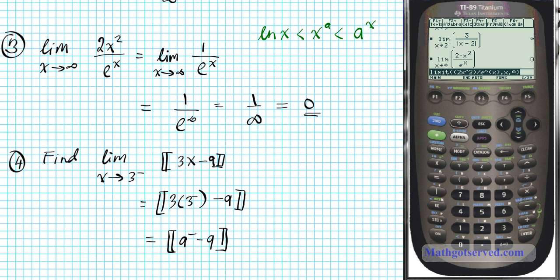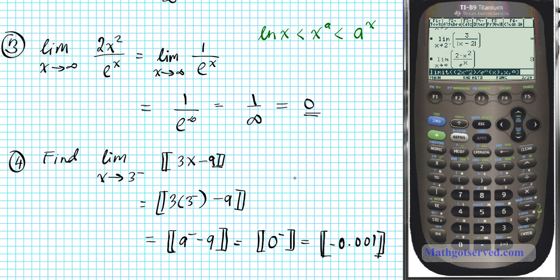And then 9 from the left minus 9 is equal to 0 from the left. Okay? And then 0 from the left is the same thing as a number that's really, really close to 0 from the left-hand side on the number line. So an example could be negative 0.001. If you think about it, 0 from the left, let me give you a visual.